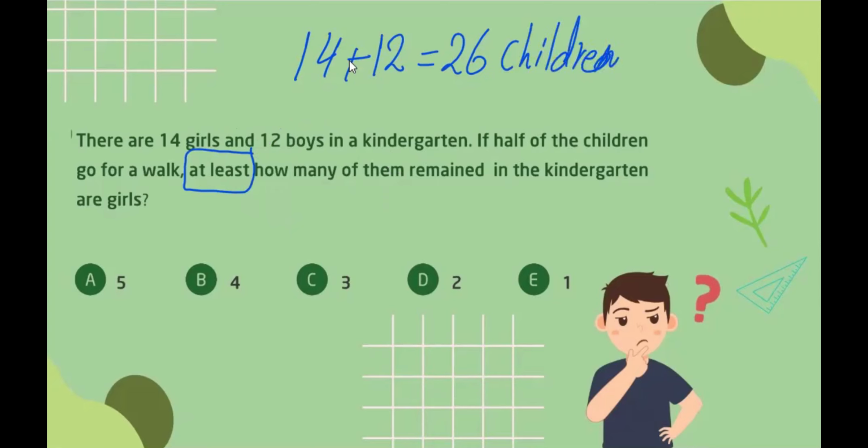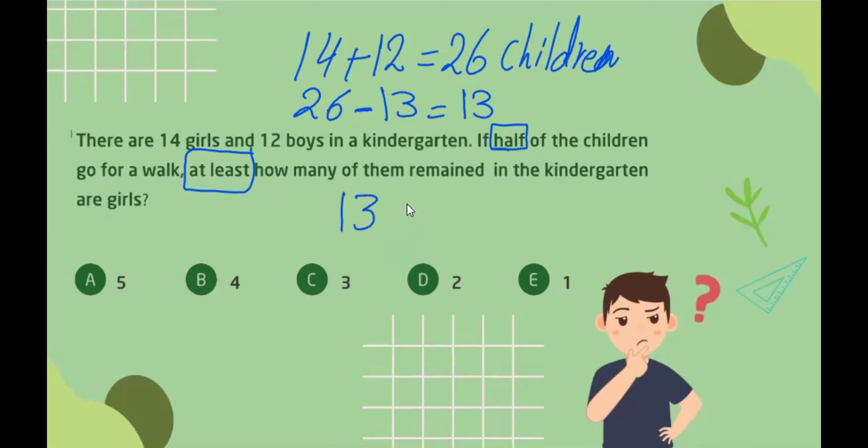Now we're going to subtract 26 minus half of the 26, because he said here half of the children go for a walk. So half of 26 is 13.